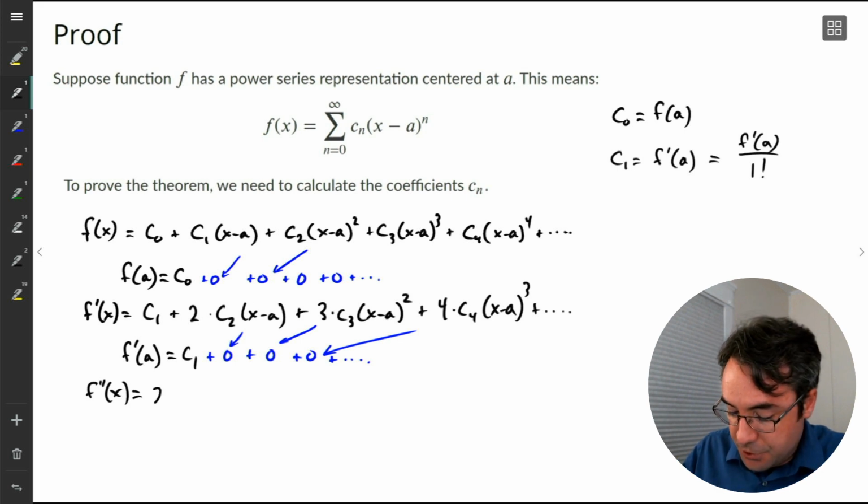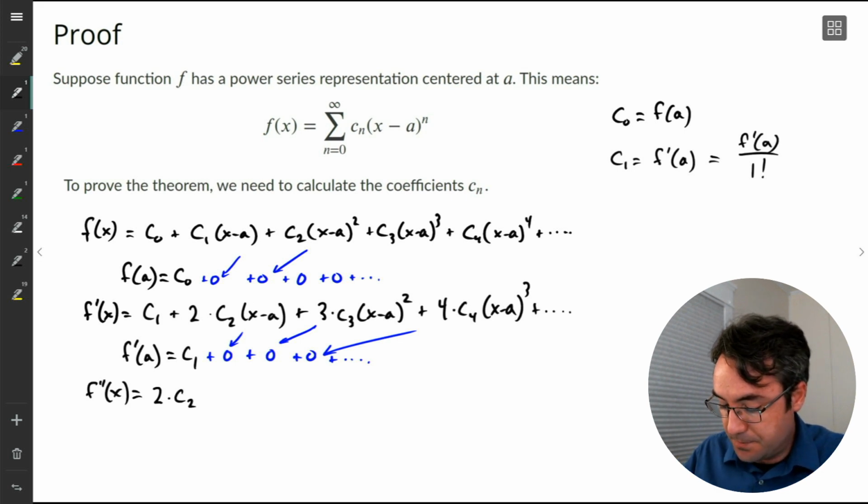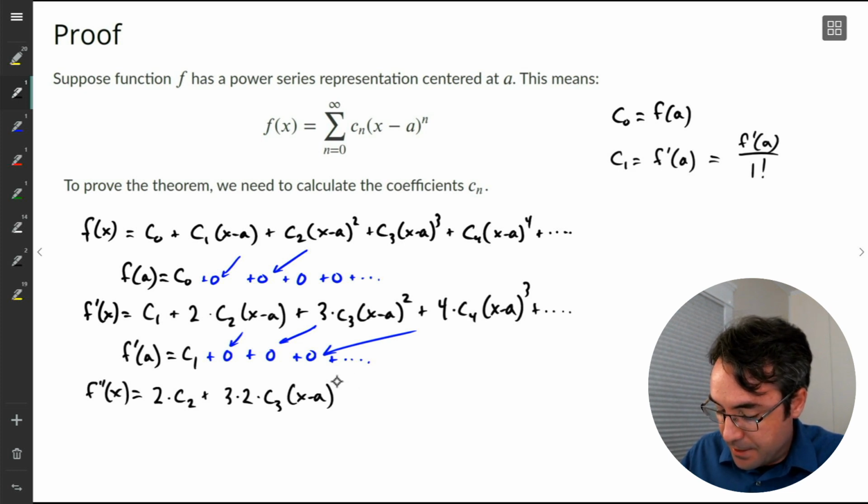So we're going to have 2 times c2. And then over here, when we differentiate, we're going to have 3 times 2 times c3 times x minus a raised to the power 1. And then we'll have plus 4 times 3 times c4 times x minus a squared, and so on.